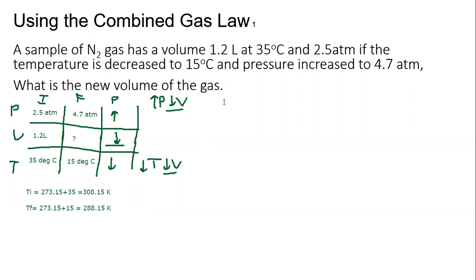Now, if we remember, it's PI times VI divided by TI equals PF times VF divided by TF.